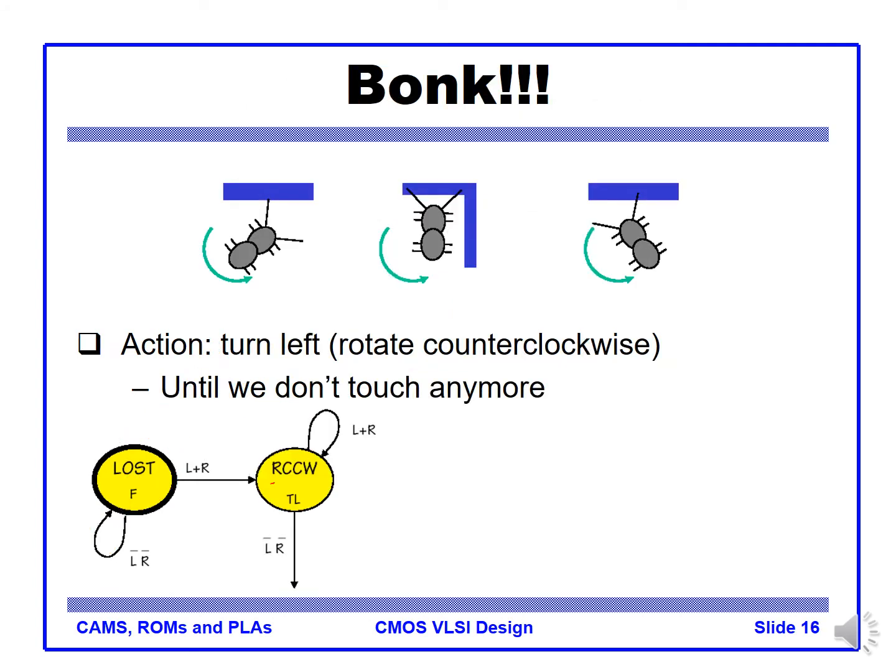So we go to the RCCW state. In this example, the sensors will hit only the left, both, or only the right. On those three inputs, we switch to a different state.